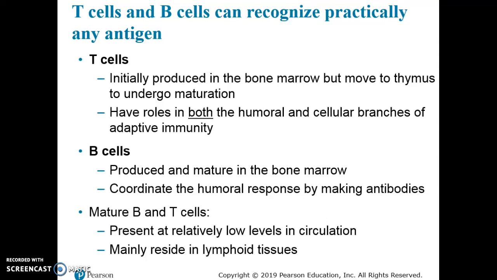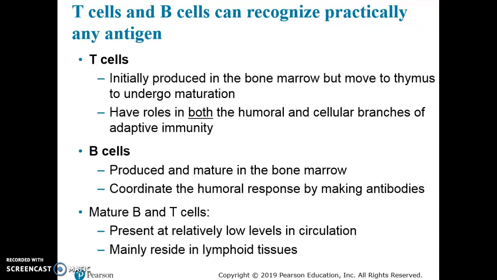effector cells. Right, B cells are going to be produced and mature in the bone marrow, but they also then move out into the secondary lymphoid tissues, which are the spleen and the lymph nodes, and those cells are responsible for making antibodies, and that response is referred to as the humoral immune response.